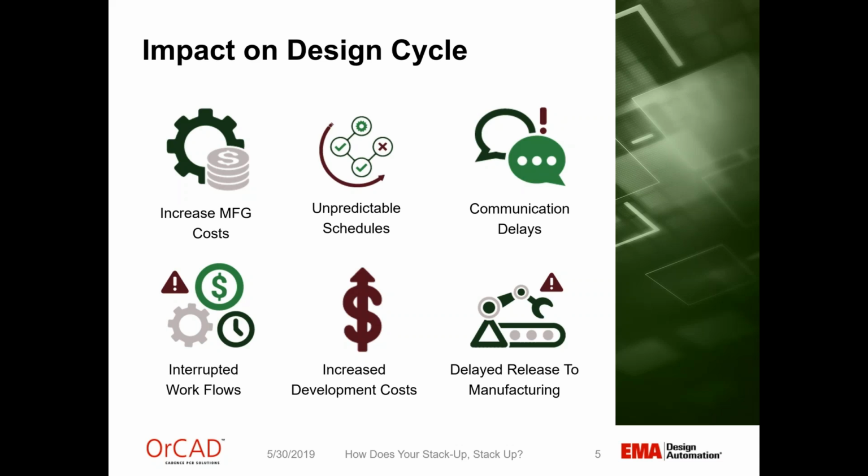Also, communicating with your manufacturer helps us eliminate unpredictable schedules and communication delays over materials that might not be available or might be long back ordered or too expensive and you have to change your mind on something else. We don't want to interrupt our workflow. We want to be able to pick our stack up and proceed with that and not pay anything extra for that. And again, not have any delays due to manufacturing, and that all comes down to communication.